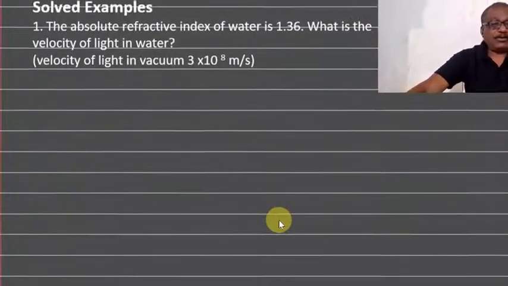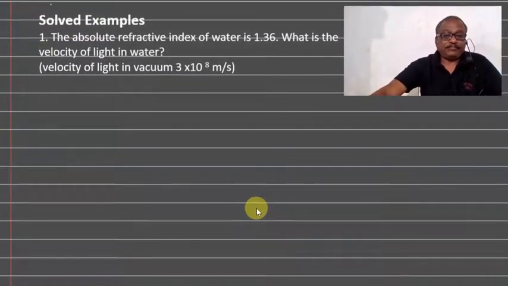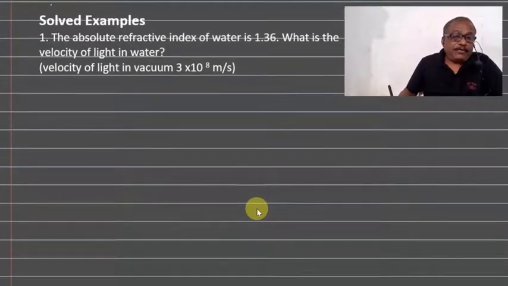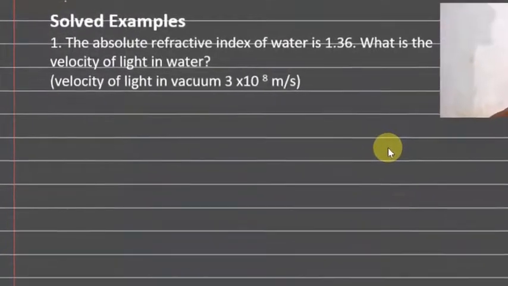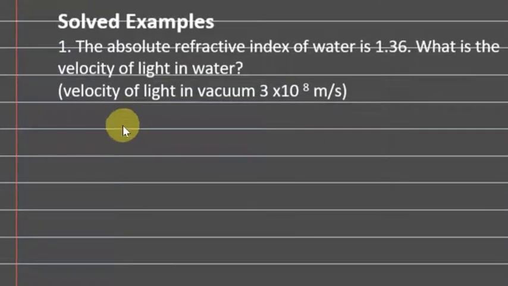Then we have solved examples from the textbook. First example: the absolute refractive index of water is 1.36. Now, first of all, write down the data that is given.